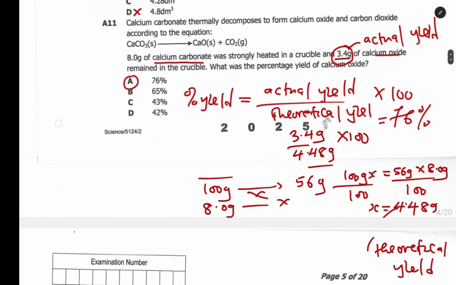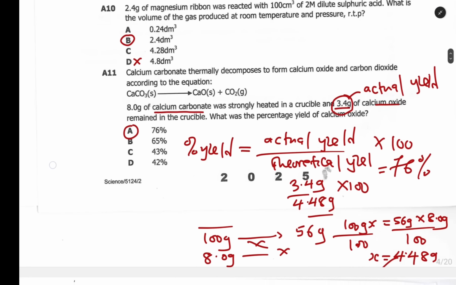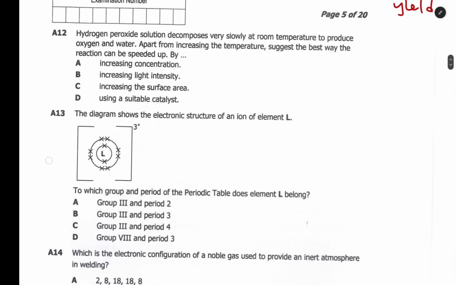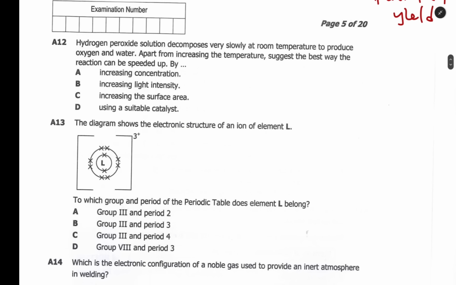All right, up to question 12. Hydrogen peroxide solution decomposes very slowly at room temperature to produce oxygen and water.